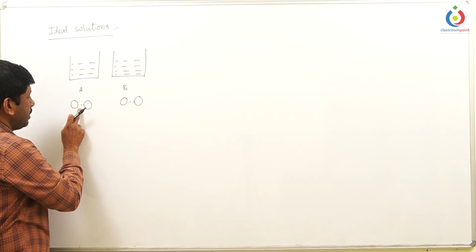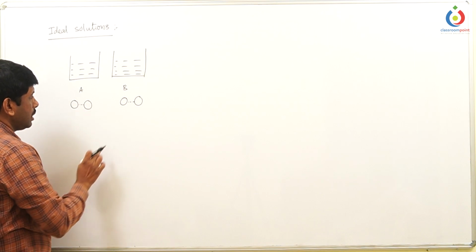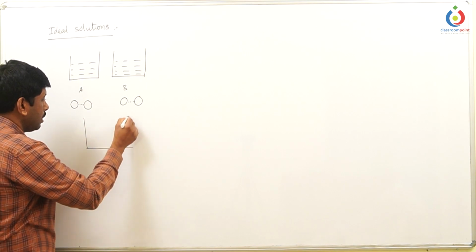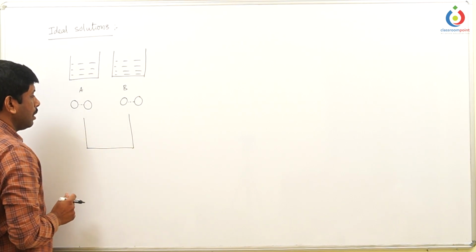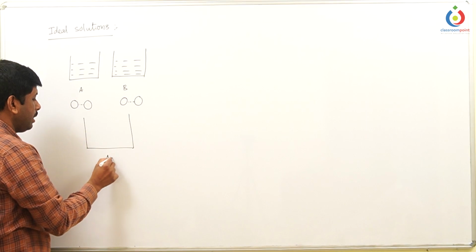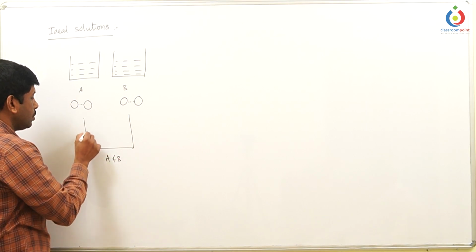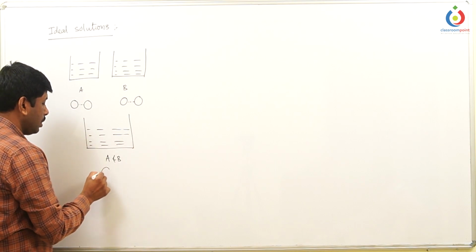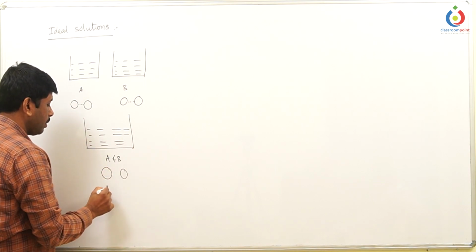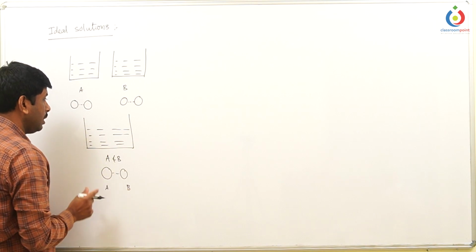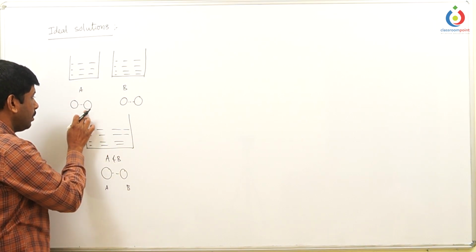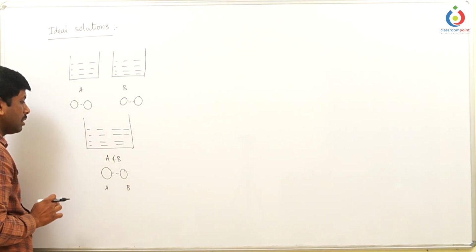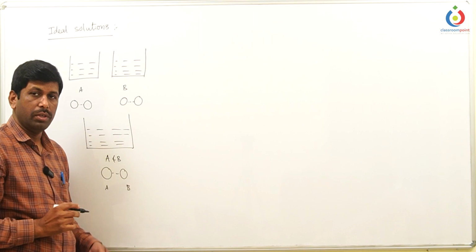So if the attraction between two A molecules is equal to the attraction between two B molecules, then whenever you mix both A and B, we get a solution of A and B. In this solution also, if the A-B molecule attractions are similar to those of AA molecules and BB molecules, then such types of solutions are called ideal solutions.